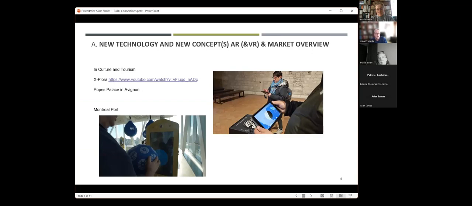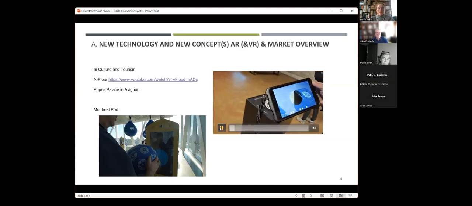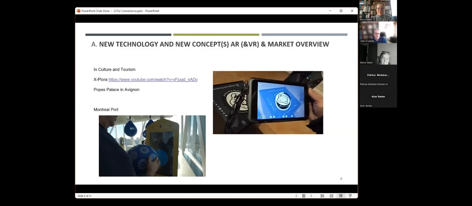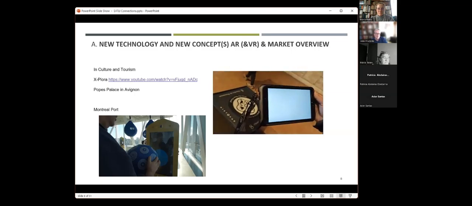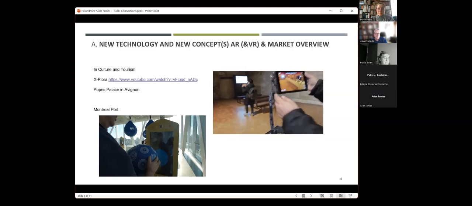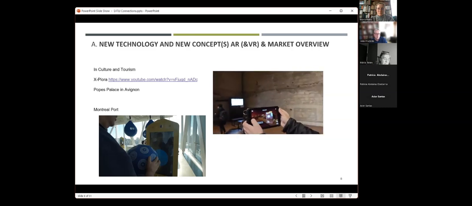Actually, augmented reality is now in use in several places, and since our session in October, I visited two places where augmented reality is in place. One is the Pope's Palace in Avignon. You can see here in a film that, looking at the next, it's not a QR code, it's an image.